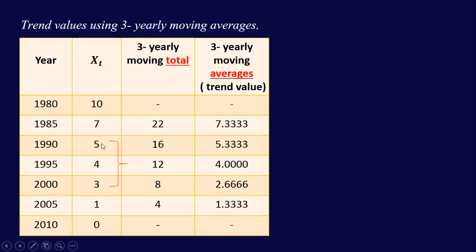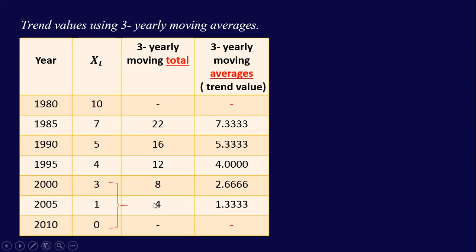Okay, then we skip 7 and we take the next three values 5, 4, 3. We only have to add them. 5 plus 4 plus 3, we get 12, and we write this value 12 in front of the middle. Then we skip 5 and take the next 3. 4 plus 3 plus 1, we get 8, and we write it in front of the middle value. Then we skip 4 and we take the next 3. 3 plus 1 plus 0, we get 4.